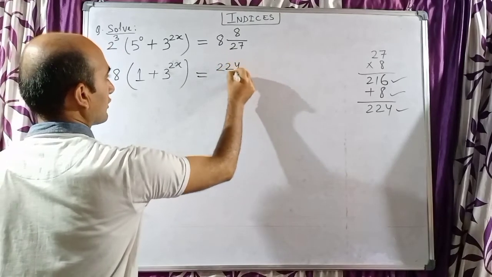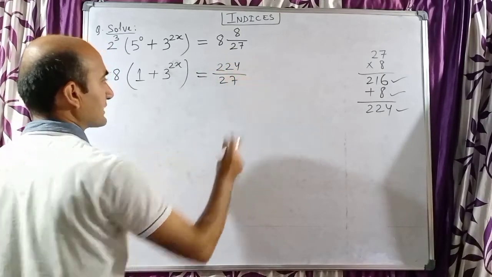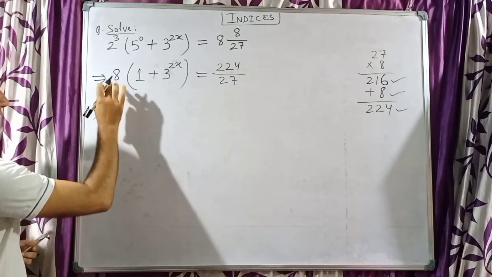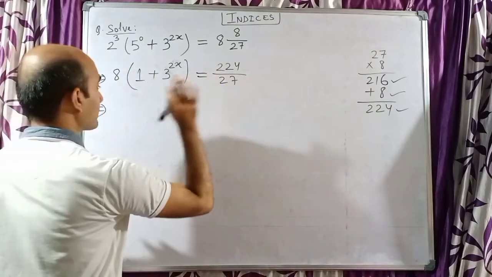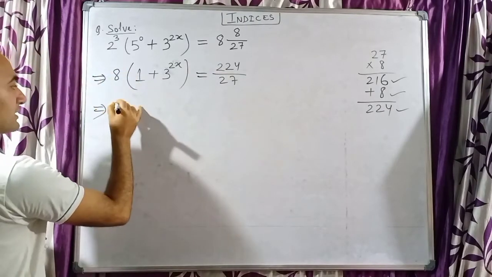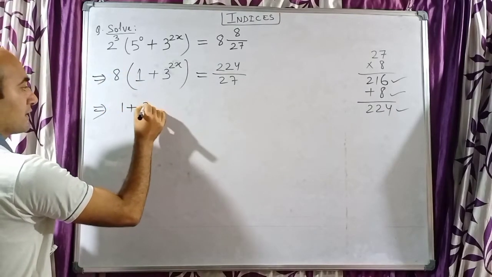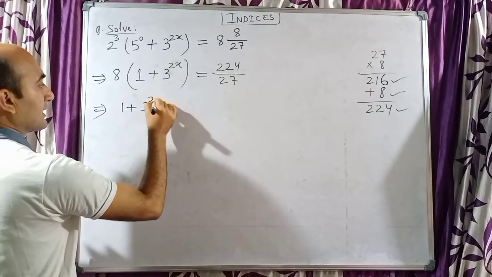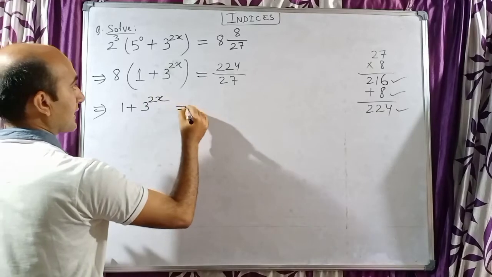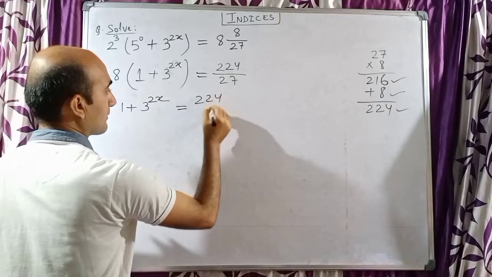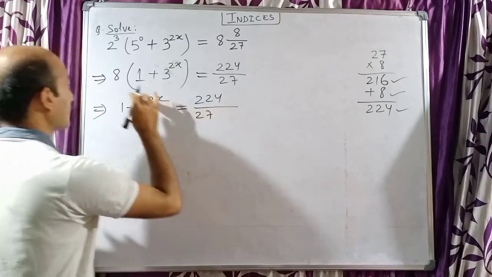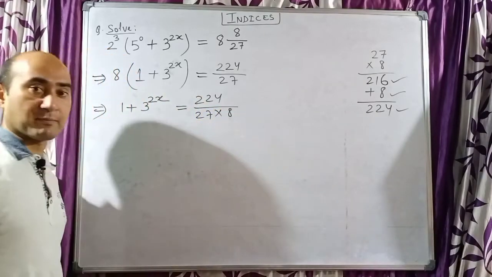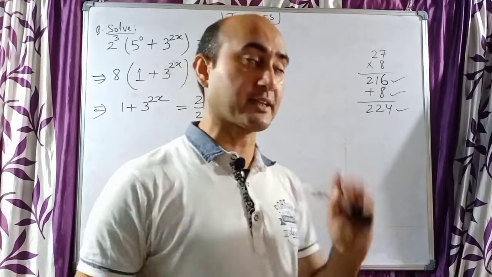So 224 by 27. Next, this 8 will go and divide here, because 8 is multiply here, so it will go and divide. So our remaining elements will be 1 plus 3 to the power 2x, and here 224 by 27, and this 8 also will come and divide here, and it will multiply with 27 because already 27 is in the denominator.